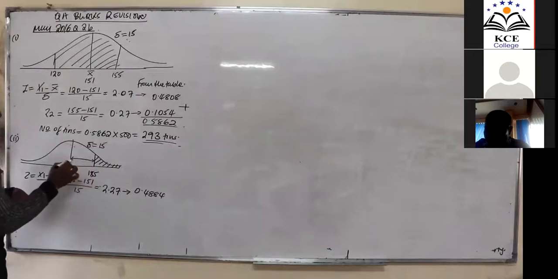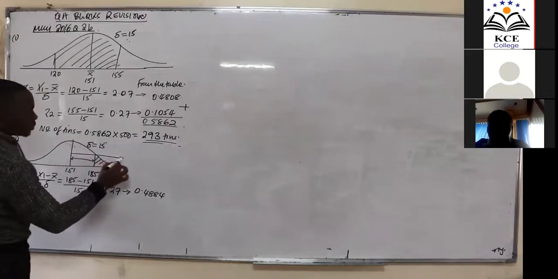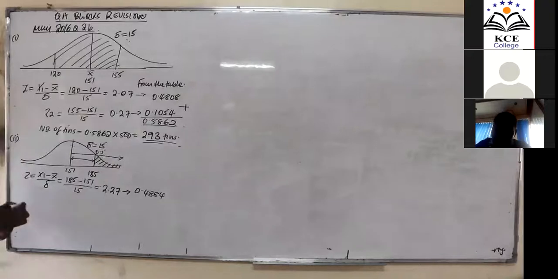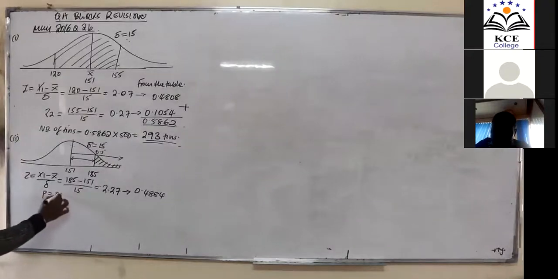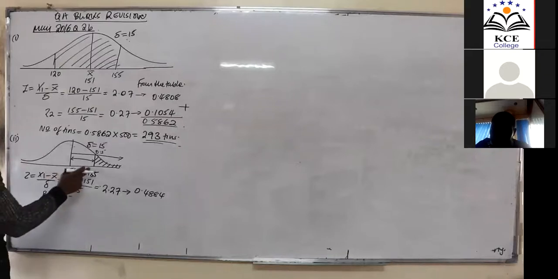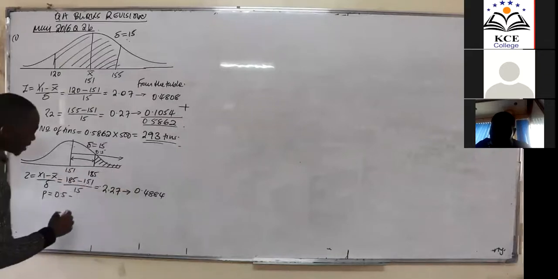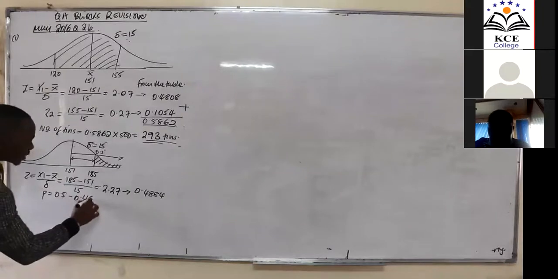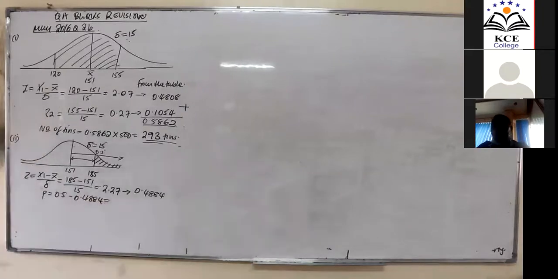That's not what we need. So we know very well that half of the probability is 0.5. So to get that probability, you take 0.5 and eliminate the probability between 151 and 185, so that we get greater than 185. You deduct 0.4884. So 0.5 minus 0.4884.